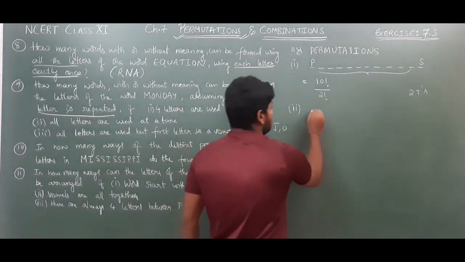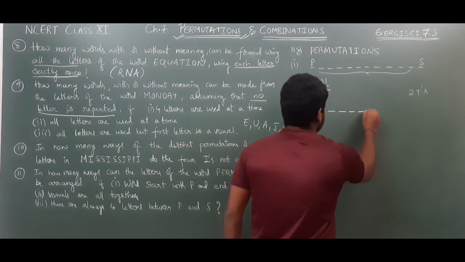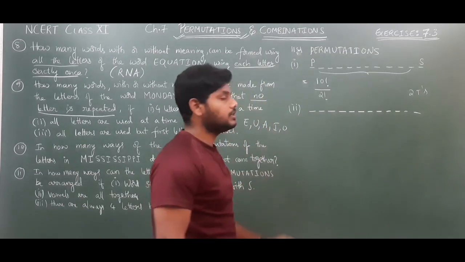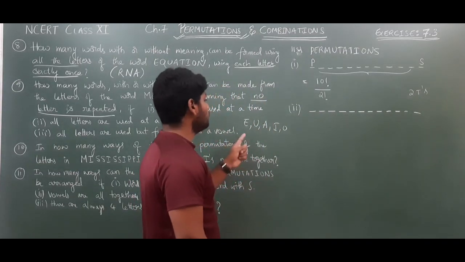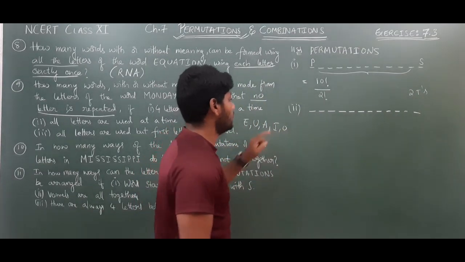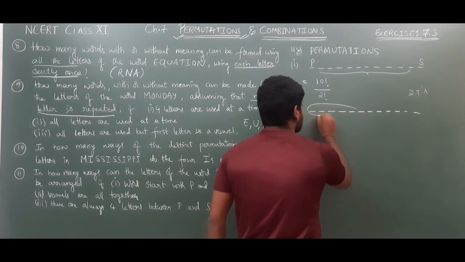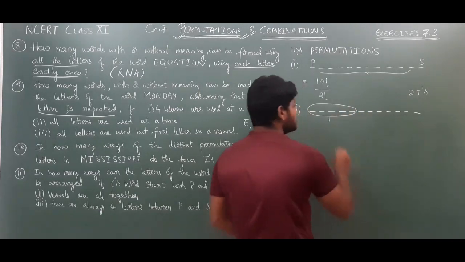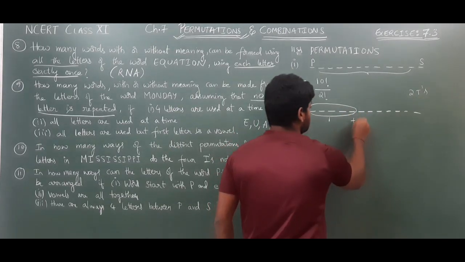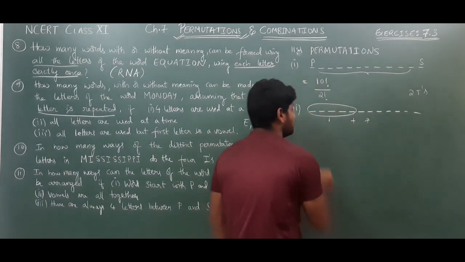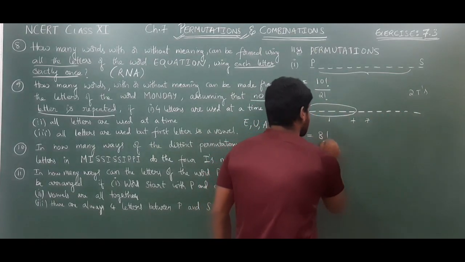First I will do 1, 2, 3, 4, 5, 6, 7, 8, 9, 10, 11, 12. Out of 12, all vowels should occur together. How many vowels do we have? 1, 2, 3, 4, 5. 5 vowels. So we need to consider those all 5 as 1, plus the remaining 1, 2, 3, 4, 5, 6, 7. 1 plus 7 is equal to 8 factorial.